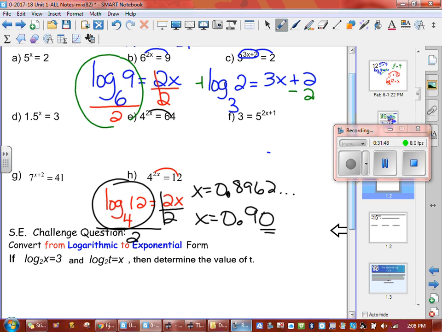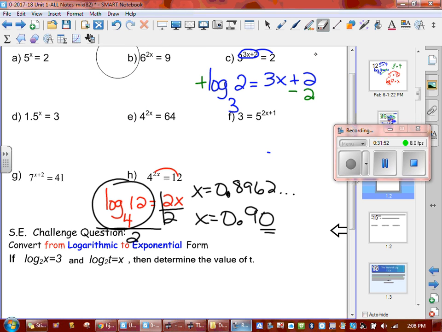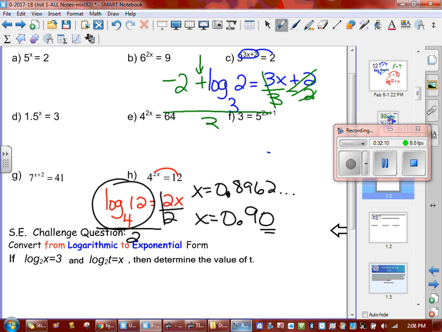You have to connect it with a plus sign. It doesn't sit as a coefficient. So after that point, we're going to divide out the 3. So all of this divides by 3. This would be considered one possible exact value answer. You type it in your calculator, and we're going to get an answer of x equals negative 0.46. I think that's what you should get for letter C.